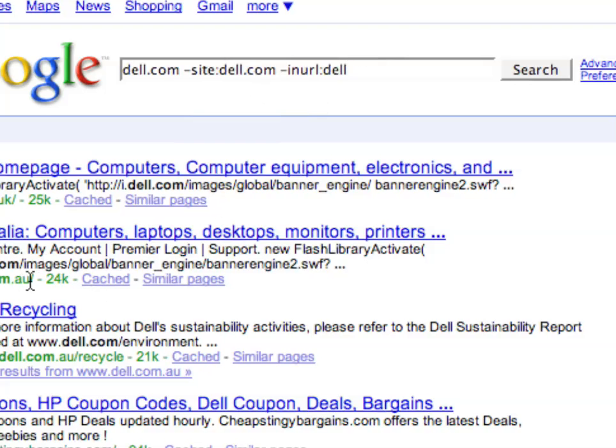And we can live with that problem, because we don't necessarily just want pages that are treating the topic of our brand particularly, but pages that include Dell.com as part of their content. So we want to search for all the pages that talk about Dell.com, except for those pages included on our own website, and except for those pages that include dell in their URL.